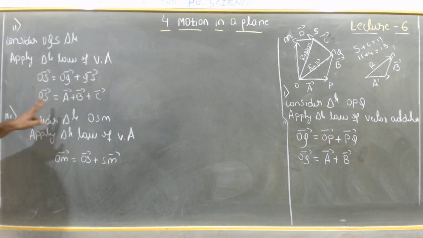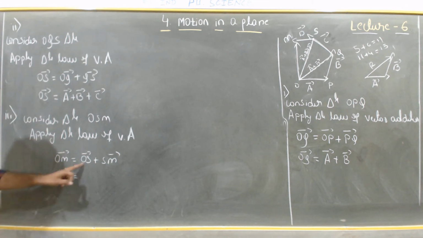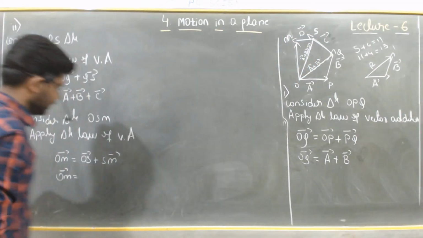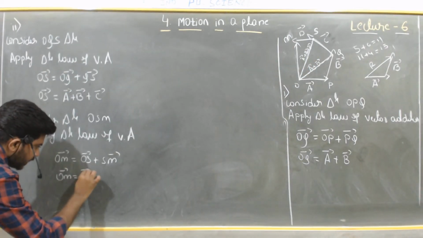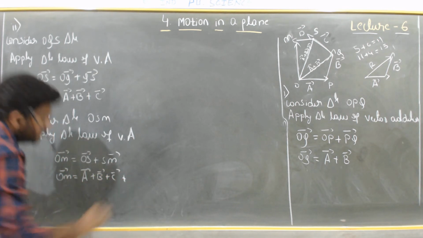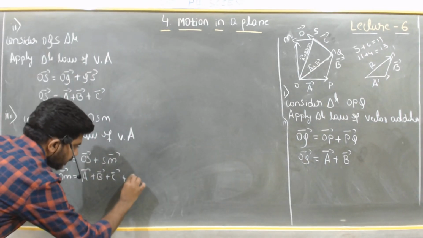OS already we have got. So first, OM is equal to OS, which is vector A plus vector B plus vector C. Next SM is what? Vector D.